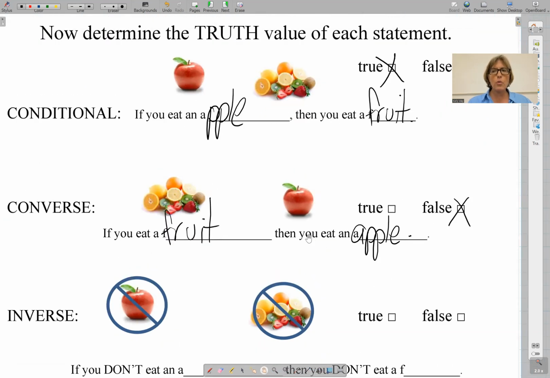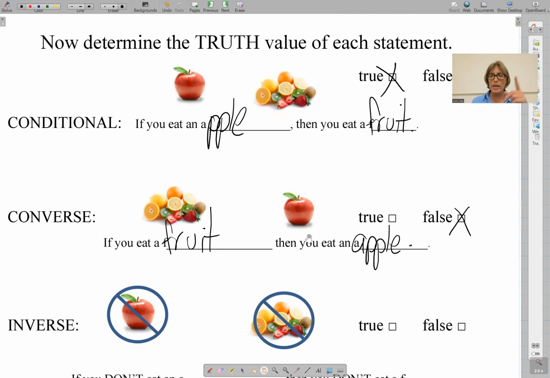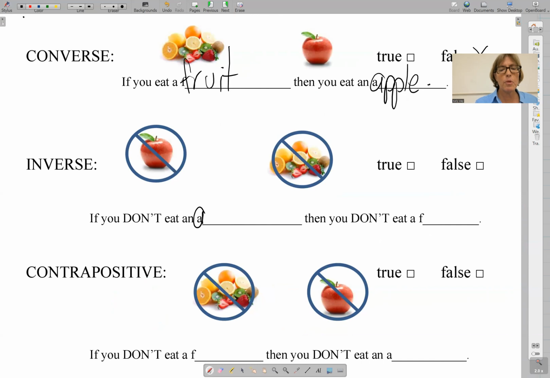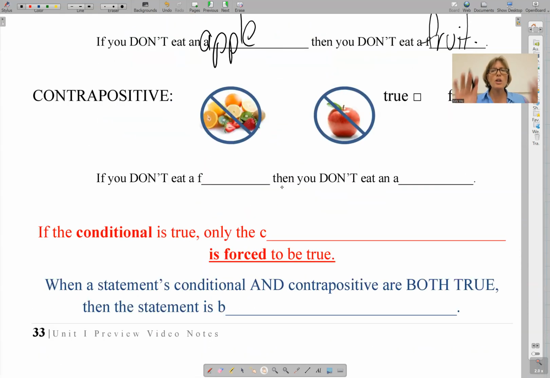Let's try the inverse. The original was I'm eating an apple, I've eaten a fruit. The inverse says this: if I don't eat an apple, then I don't eat a fruit. That's a false statement, because I could say I'm not going to eat a banana. So not all fruits are apples here. So this is a false statement. Things are true only if they're always true. Last one, contrapositive.